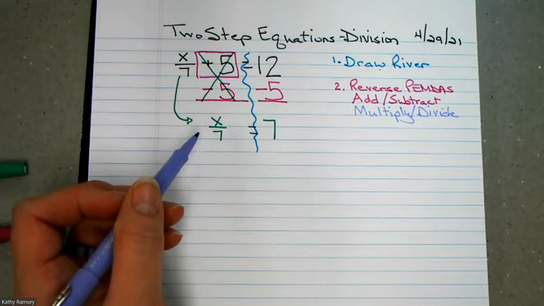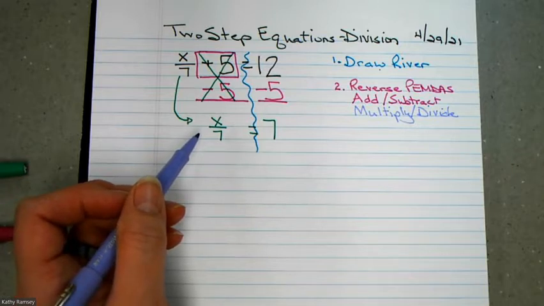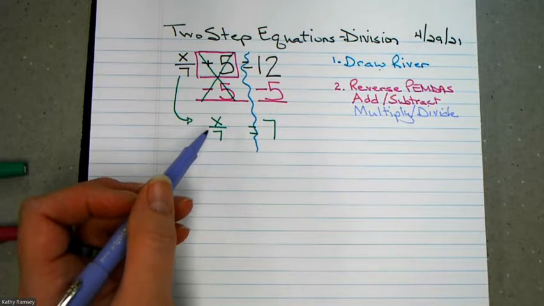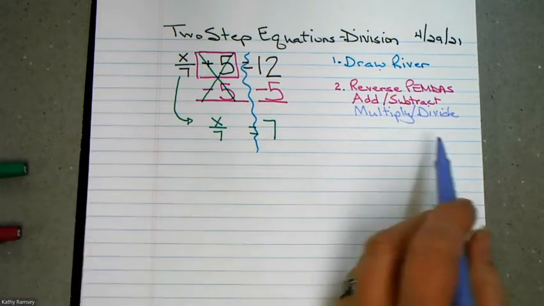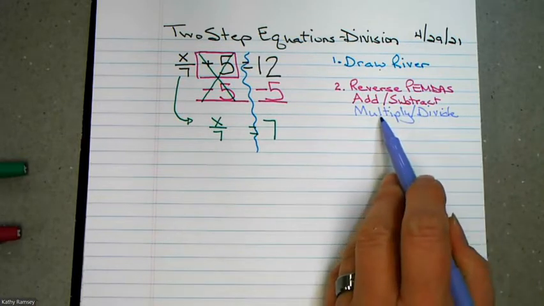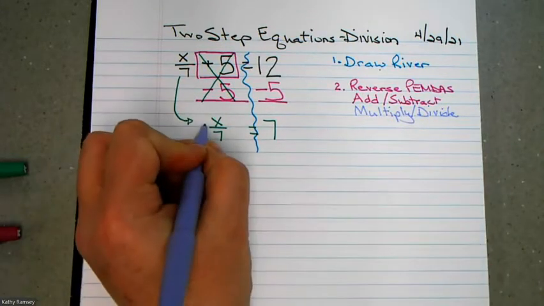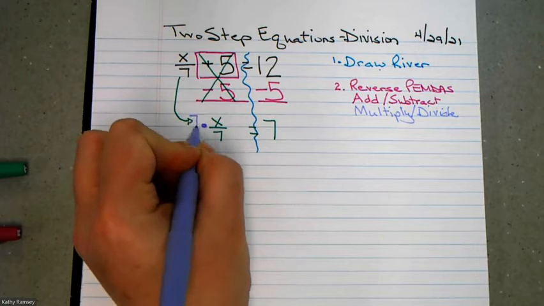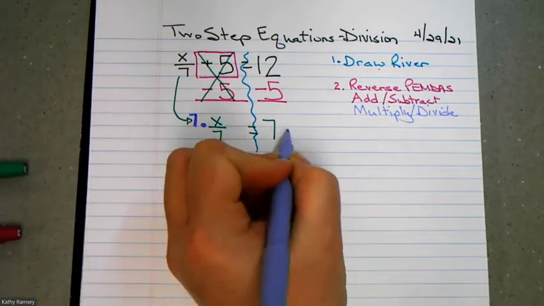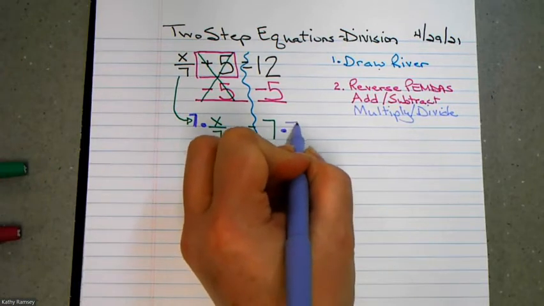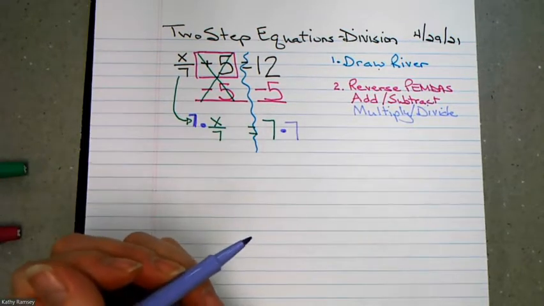Are they adding, subtracting, multiplying, or dividing? The x is being divided by 7. So the opposite of division is multiplication. So we're going to multiply the left side by 7. It's a horrible 7. And we're going to multiply the right side by 7.